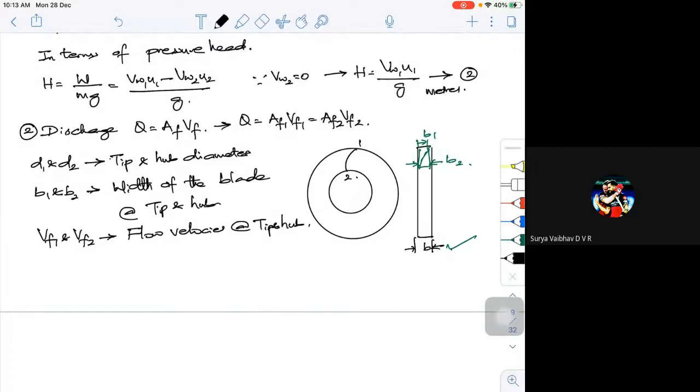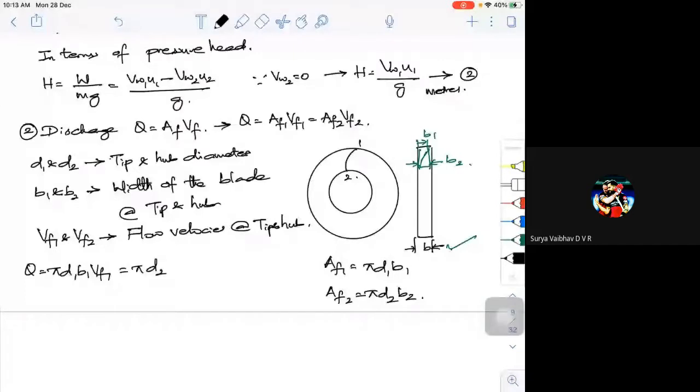AF1, the area of the flow at the inlet, I can write as pi D1, that is the circumference, into the corresponding thickness, that is the width, so pi D1 into B1. Similarly, the area of the flow at the exit will be pi D2 into B2. So I can write Q is equal to pi D1 B1 into VF1 is equal to pi D2 B2 into VF2.